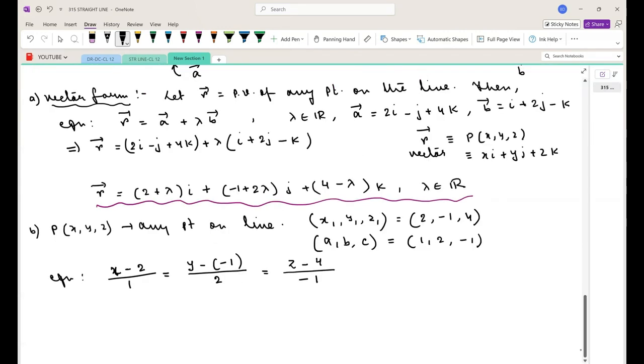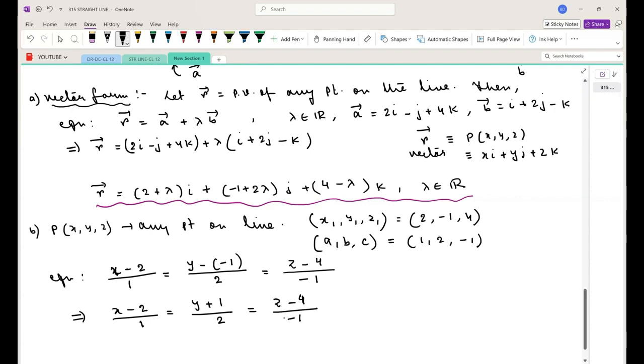You can keep the answer like this, or you can simply write (x minus 2) by 1 equal to (y plus 1) by 2 equal to (z minus 4) by minus 1.